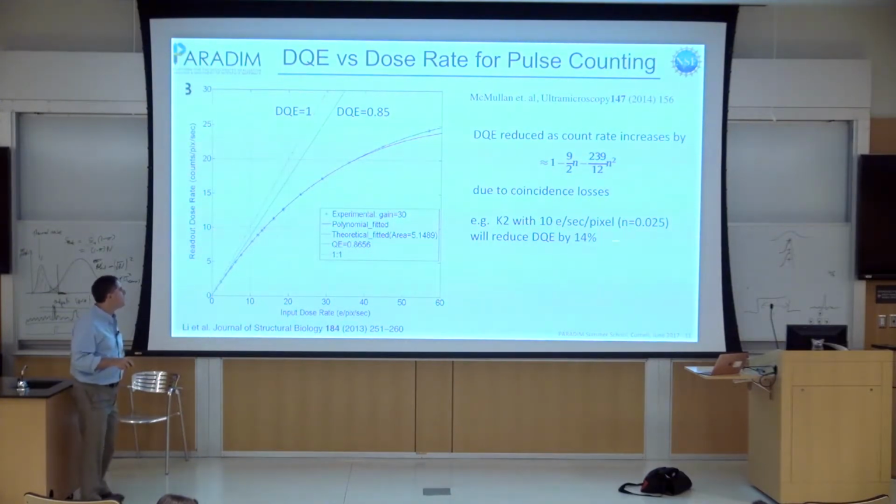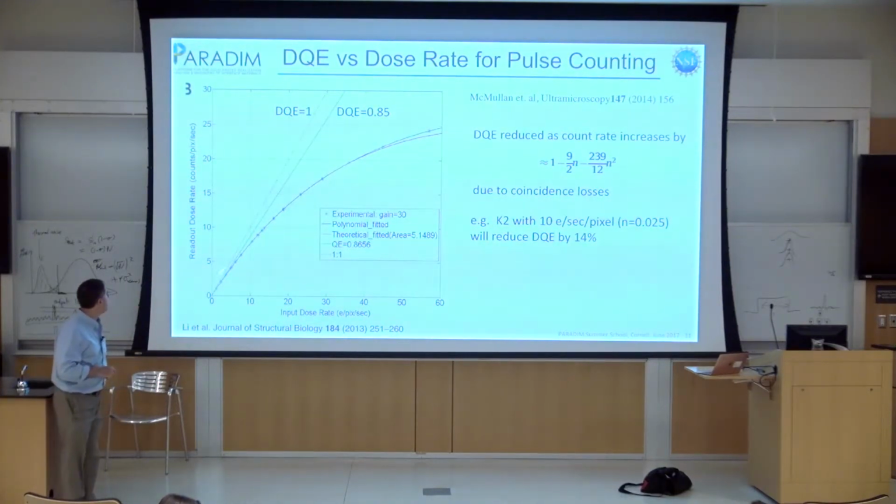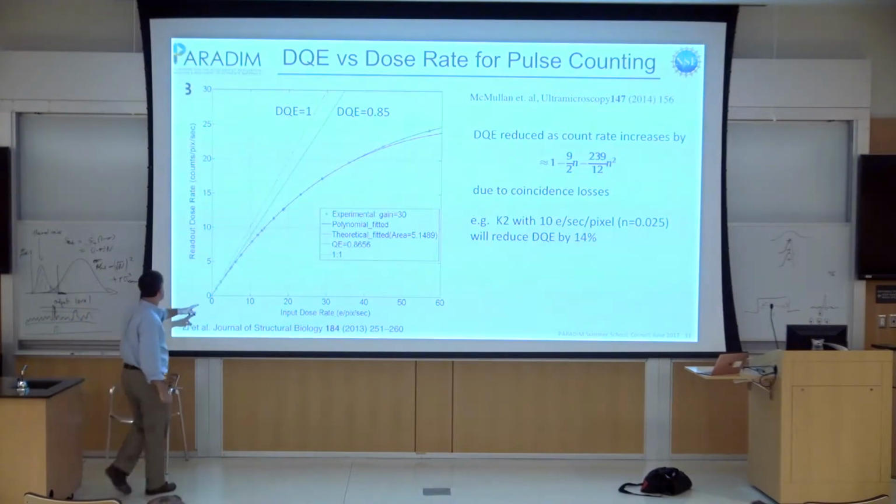And what you'll find is that if I have a K2 running at 10 electrons per second per pixel, my DQE is down by about 14%. So I started at 85%, and at 10 electrons per second, I'm down to about 70% DQE. And here's a measurement of exactly that happening. You can see the asymptotic limit at very, very low count rates will be a DQE of 0.85.